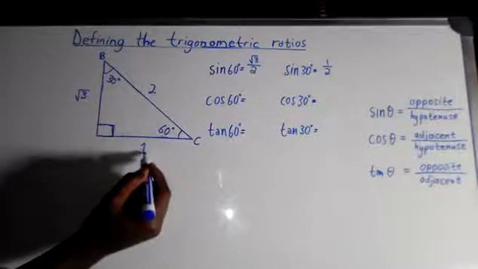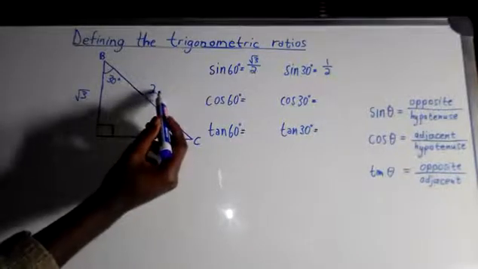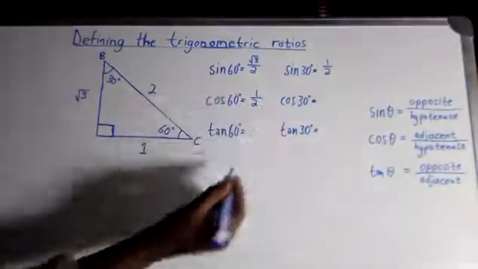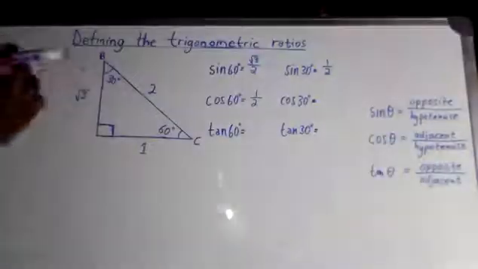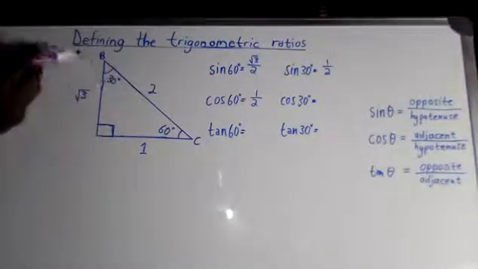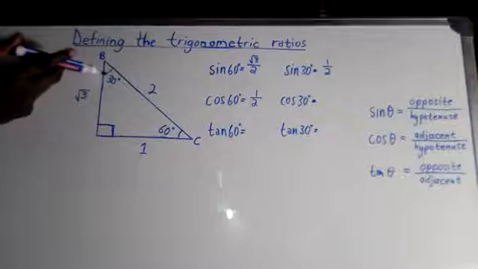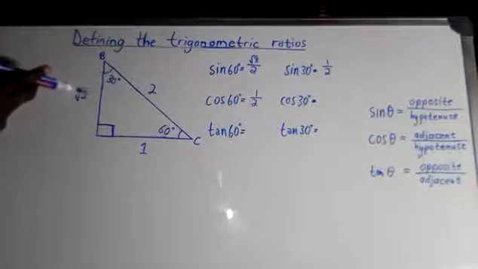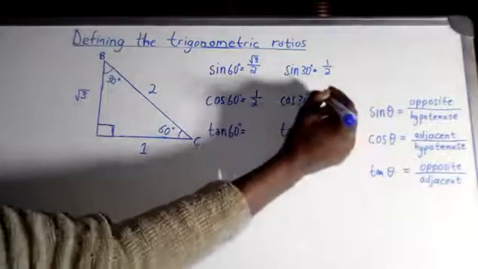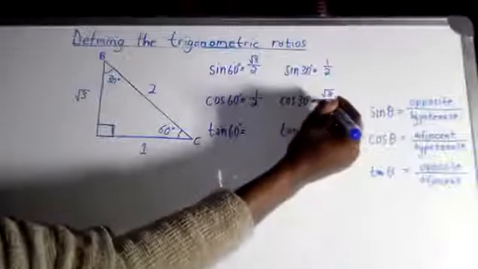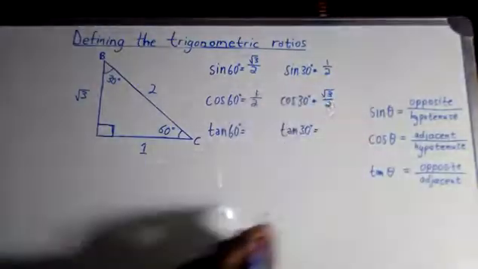So it's adjacent over hypotenuse, which is 1 over 2. Cos 30 degrees. I go to 30 degrees. Adjacent is always below your angle. So my adjacent is root 3. So it's adjacent over hypotenuse, so root 3 over 2.